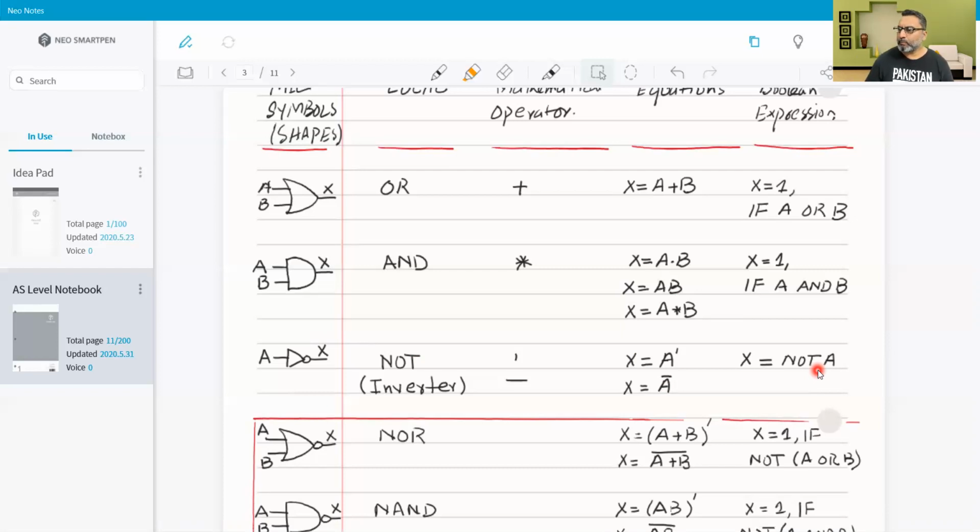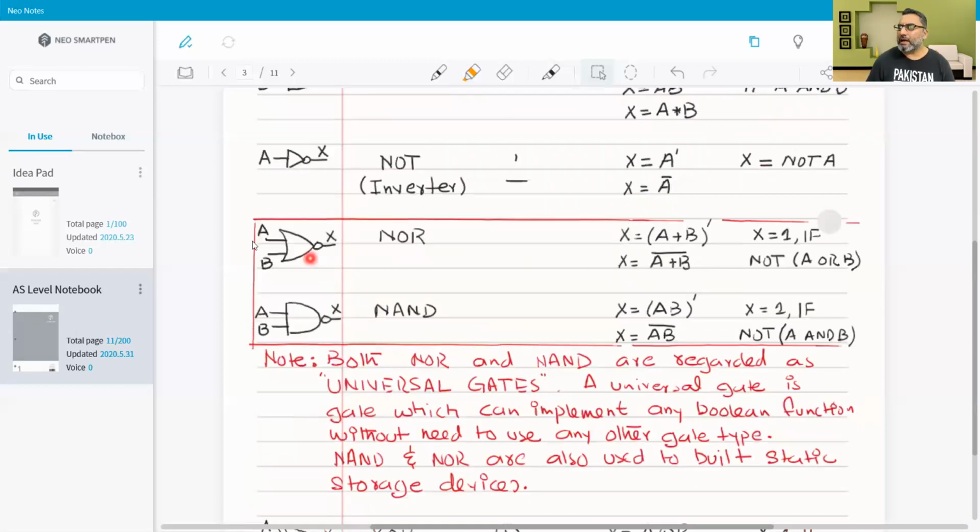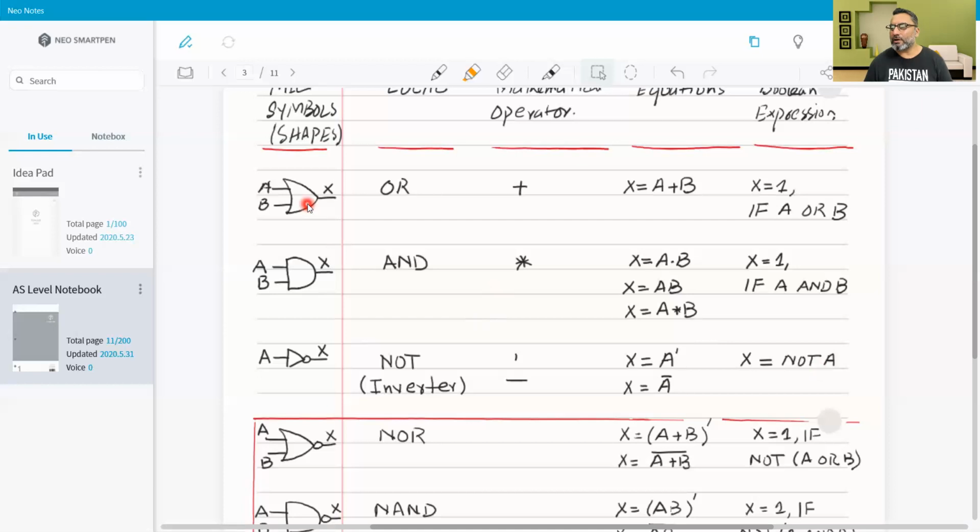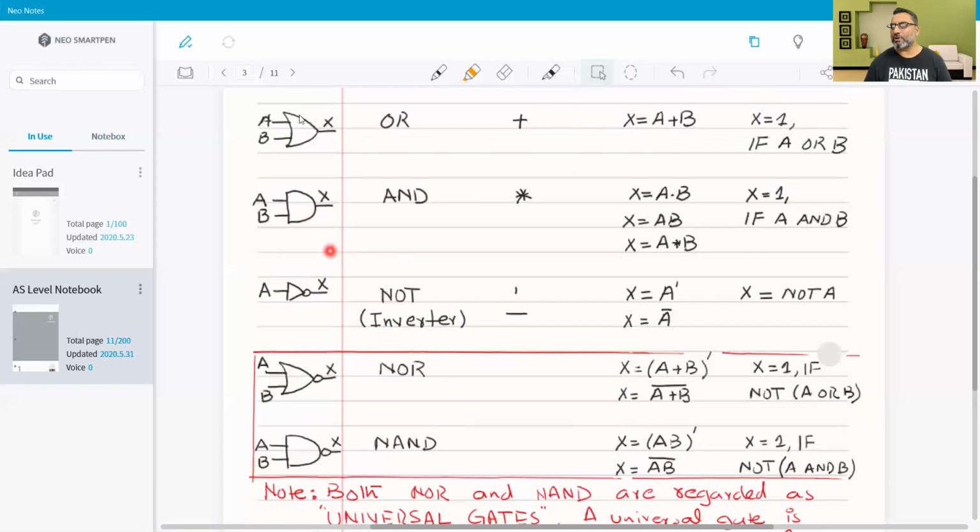Now we have the last two gates, called not OR, or simply NOR, and not AND, or simply NAND. These gates are a combination: in the case of NOR, I'm talking about OR and NOT.